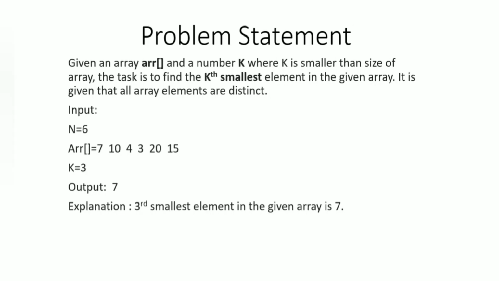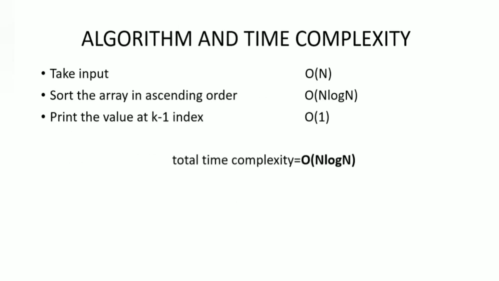Let's move to the algorithm. What can be the approach for solving this problem? Algorithm, as well as time complexity. First of all, we have to take input. For taking input in an array, we have to make a for loop, and as we know, the complexity of a for loop is O of n.